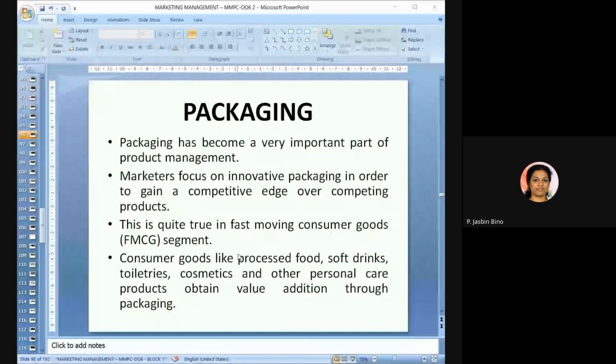Packaging is available on page number 12. Okay, packaging.